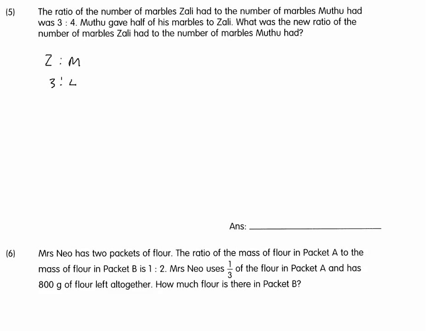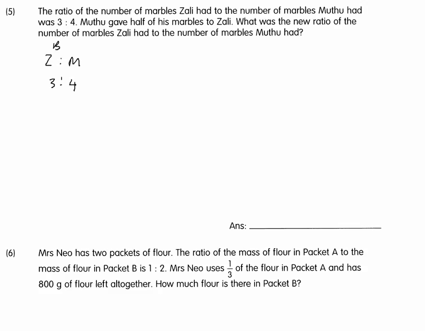What was the new ratio of the number Zali had? So you know that Mutu had 4 units of marbles, right? So if he gave half of his marbles to Zali, how many units did he give away? 2. So if he gave away 2 units, how many units is he left with? 2. Okay, so this is the before, right?